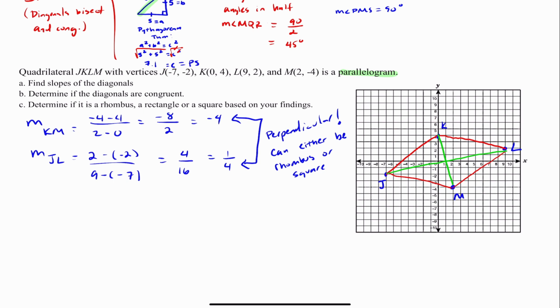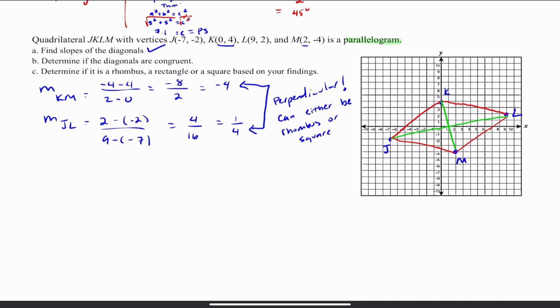So I found the slopes of the diagonals. Now I'm going to determine whether or not the diagonals are congruent. To do so, I have to use the distance formula, which is D equals the square root of x sub 1 minus x sub 2 quantity squared plus y sub 1 minus y sub 2 quantity squared.